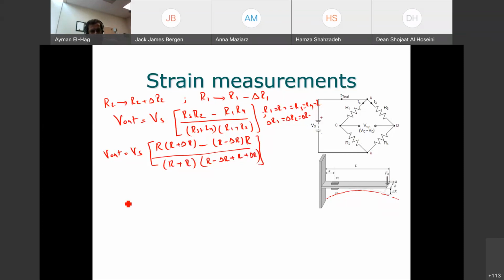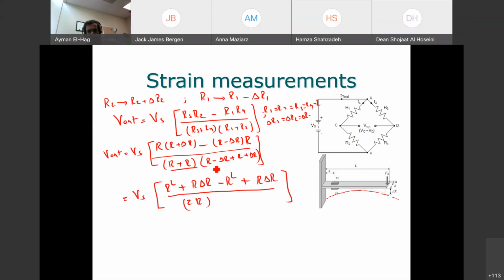So Vs times R squared plus R delta R minus R squared plus R delta R, divided by 2R times 2R. This will cancel, so you'll have here 2R delta R divided by 4R squared.